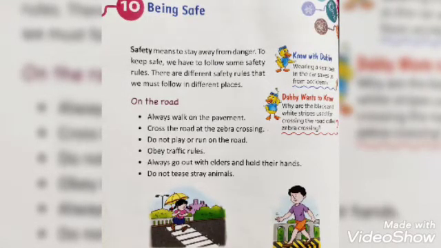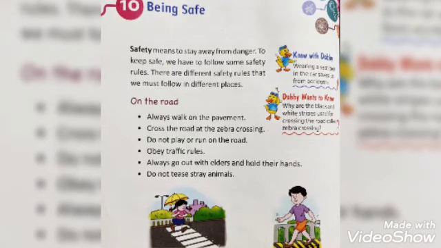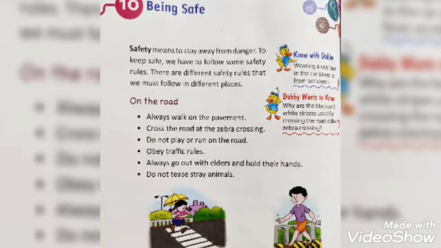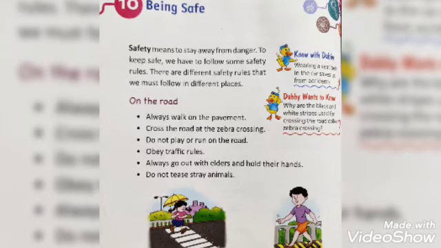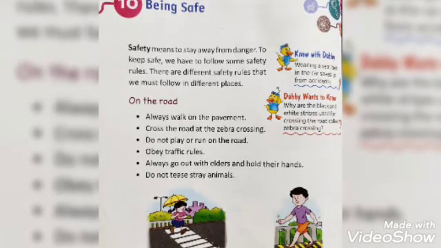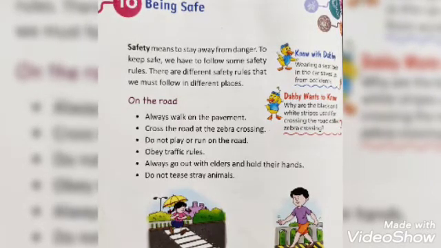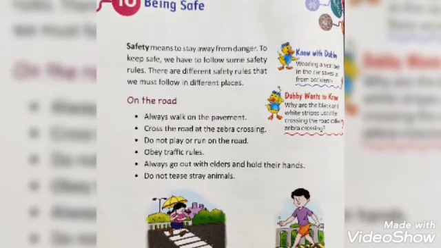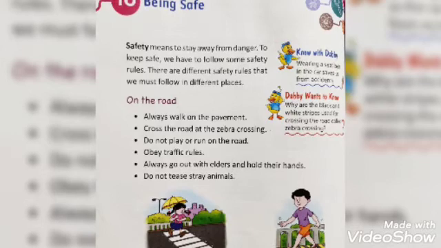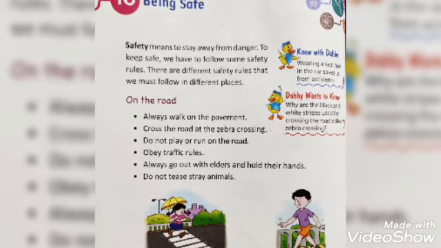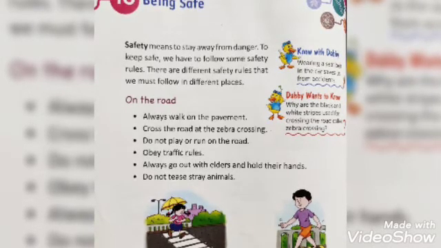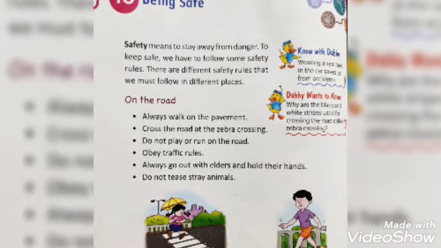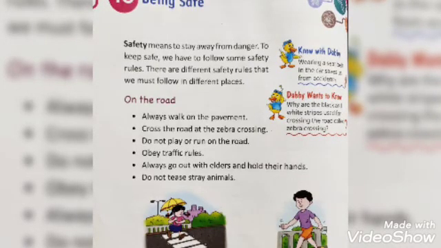Red light says us to stop. Yellow light says us to go slow or wait. And green light says us to go fast, or we can go however we wish to.